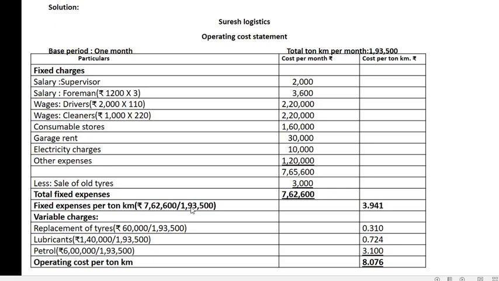So the cost per ton kilometer was 3.941. Then we have taken the variable charges: replacement of tires, lubricants, petrol, and after that we have come to the operating cost per ton kilometer, that is 8.076.